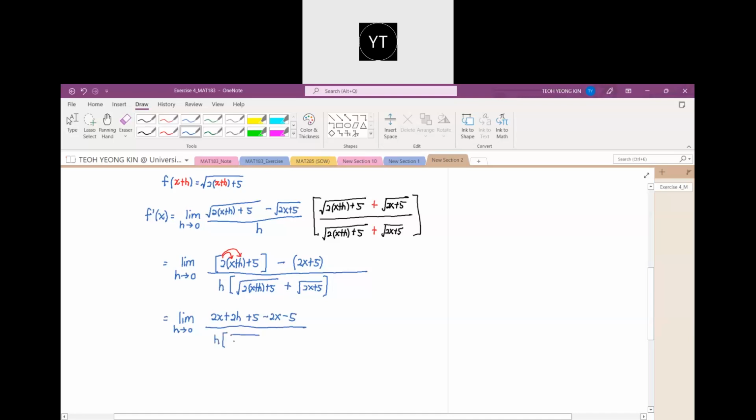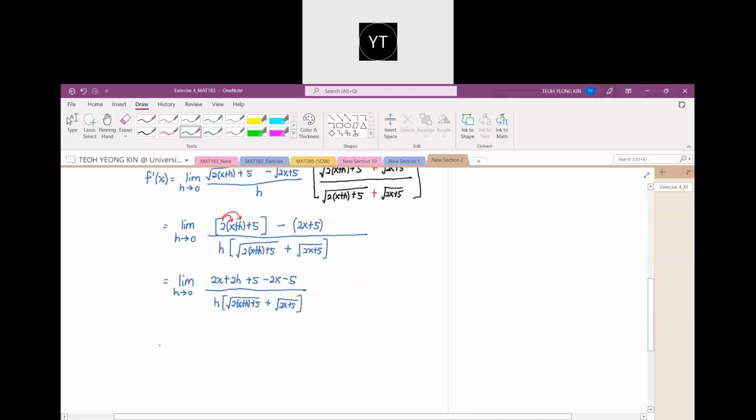The bottom part is not a conjugate, no need to expand. x plus h plus 5 plus square root of 2x plus 5. From here, limit when h approaches 0. This one we can cancel out: 2x plus h plus 5 minus 2x plus 5.